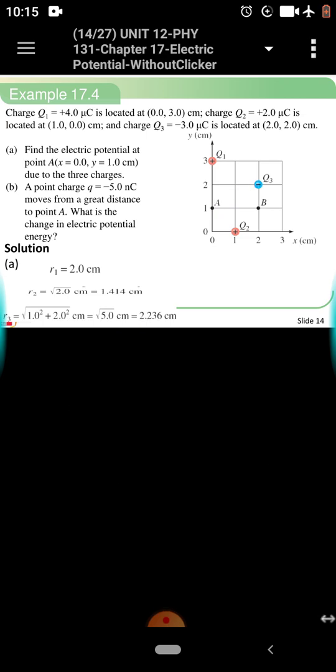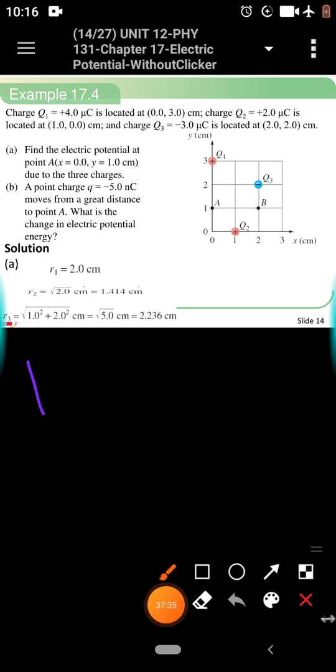Now that we have worked out the distances between the point and the charges, you can use the formula for electric potential.